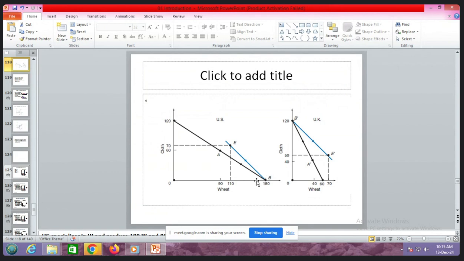Total 180, out of which it is exporting 70 to the United Kingdom. So how much is it left with? 110. So 180 minus 70 is equal to 110. Is that clear?